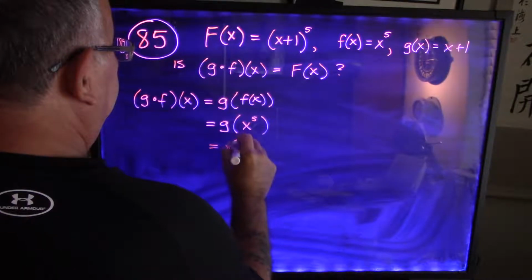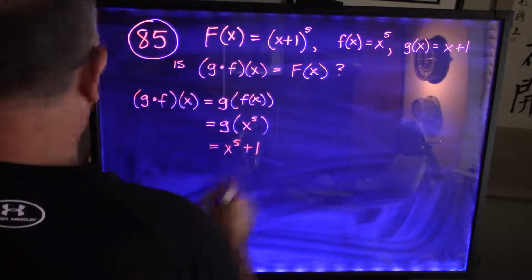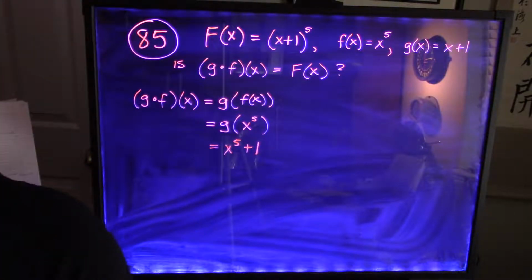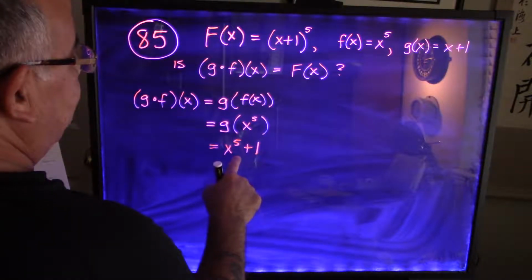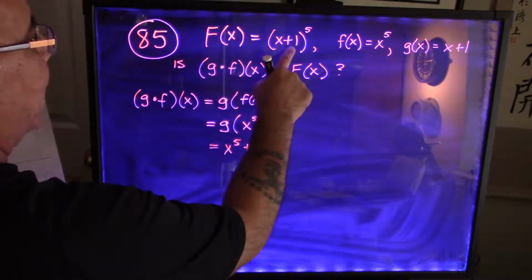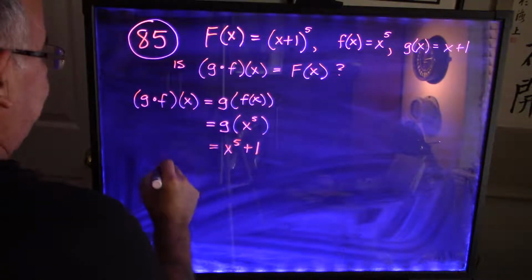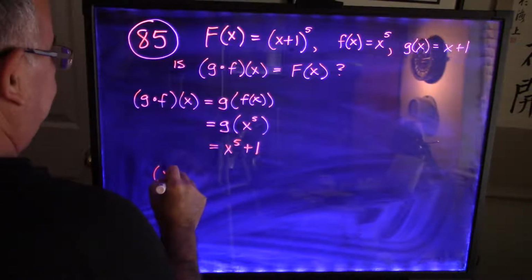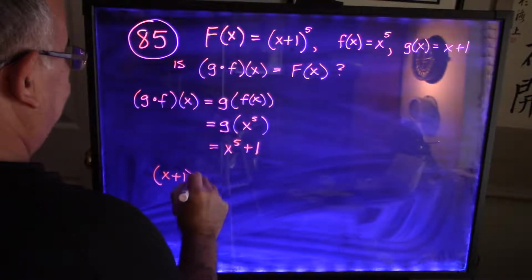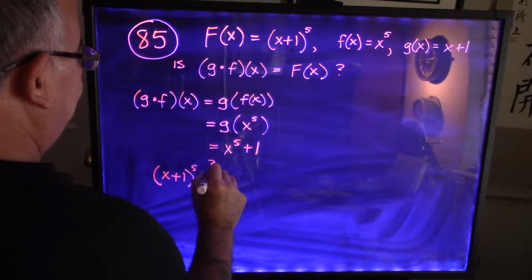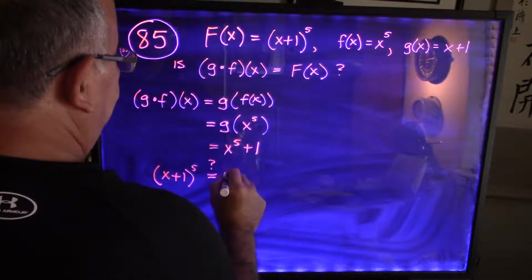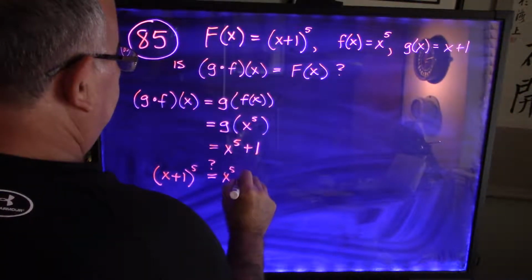Now, does this equal that? In other words, x plus 1 quantity to the fifth, does that equal, I'll put a question mark over that, x to the fifth plus 1?